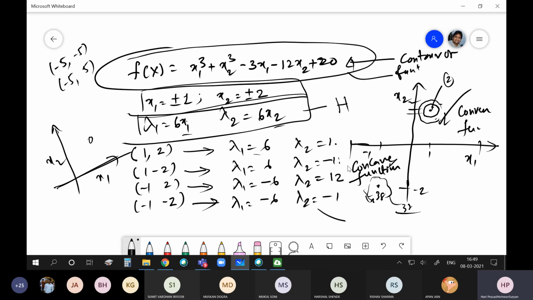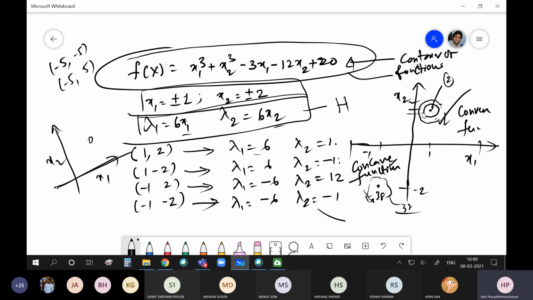Then you will know how this function changes. Is it clear? Yes, sir. You have to plot the function f(x) equal to x1 cube plus the rest, plot the contours and send it to me, so that you will know the nature of the function, where you get maxima and where you get minima. You will have a better feel of the problem.